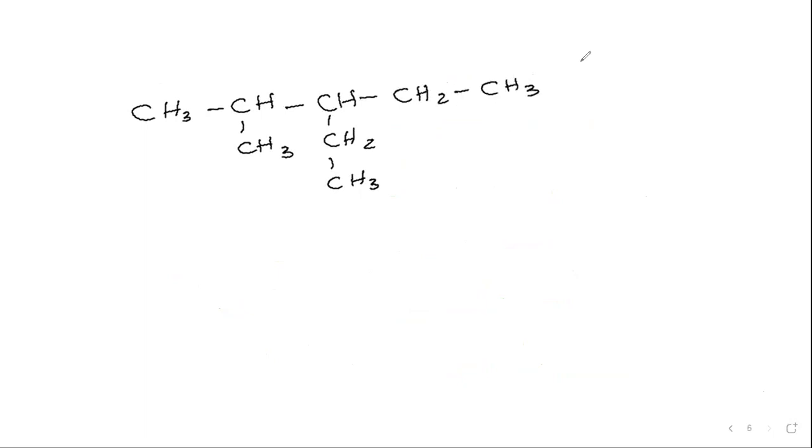So about this chain. In fact, before I explain, why don't you go ahead and locate the straight longest carbon chain in this and try numbering it. When it comes to naming the compound, I'm going to help you with it.